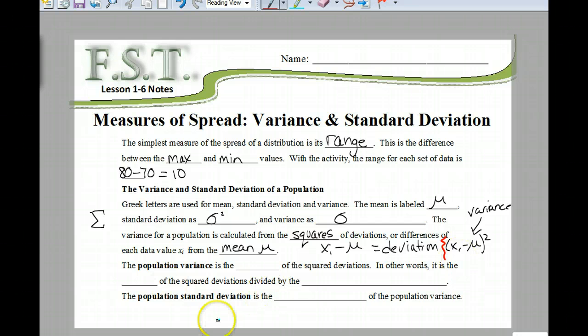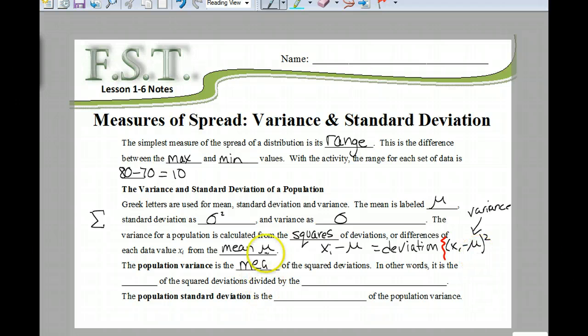All right, the population variance is the mean of the squared deviations. So just write down these definitions for now. We'll go through them more, but what it is is taking all these squared deviations for each data point, adding them all up and dividing by the number of data points.